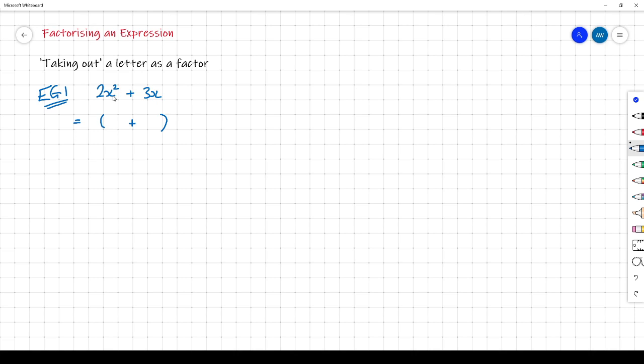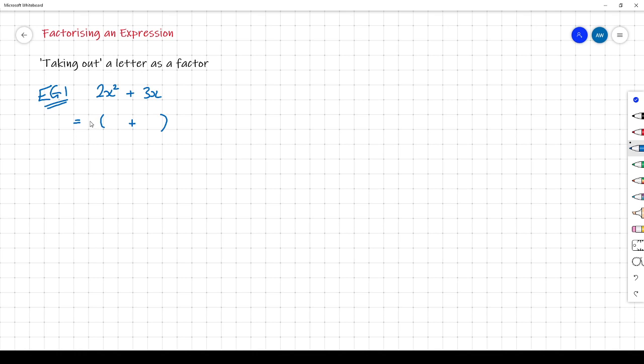Now what that means is that we can take out an x as a factor. But how many x's can we take out? And when I say how many, I mean, can we take out x, x squared, x cubed, x to the power 4? When you take out a letter, you're taking out a letter to a specific power.